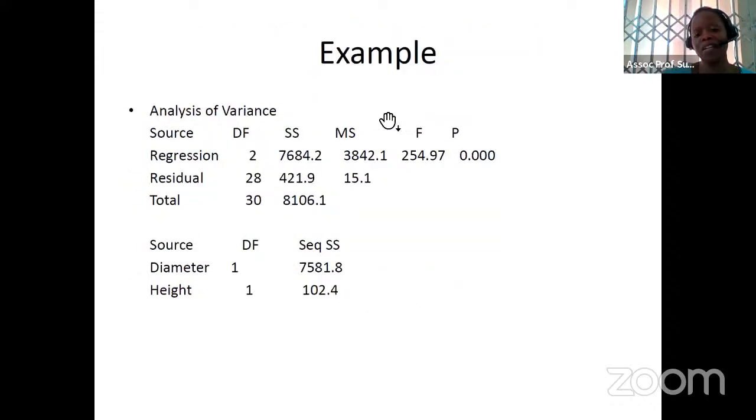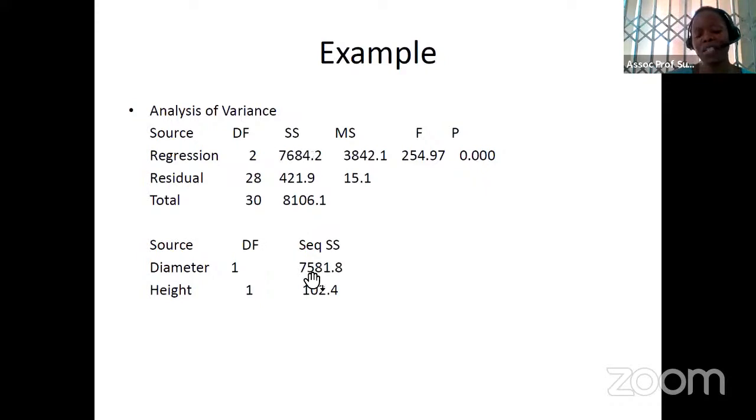So the analysis of variance, overall, is just testing whether there is a linear relationship between volume, diameter, and height overall. Then, if you're able to produce the sequential sums of squares, if you add these two values for diameter and height, you get the regression sums of squares. So the sequential sums of squares down here are just showing you how much each independent variable is contributing towards the regression sums of squares.